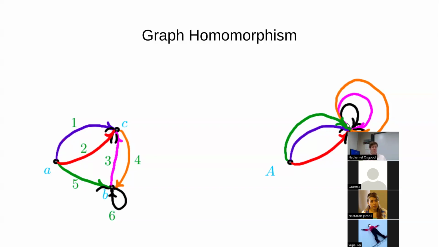What would be a nonsensical mapping here? Can you give me an example? It wouldn't be the one drawn here. Can you give me one that would be nonsensical? Let's suppose we were to map what? Give me one that's not a homomorphism.